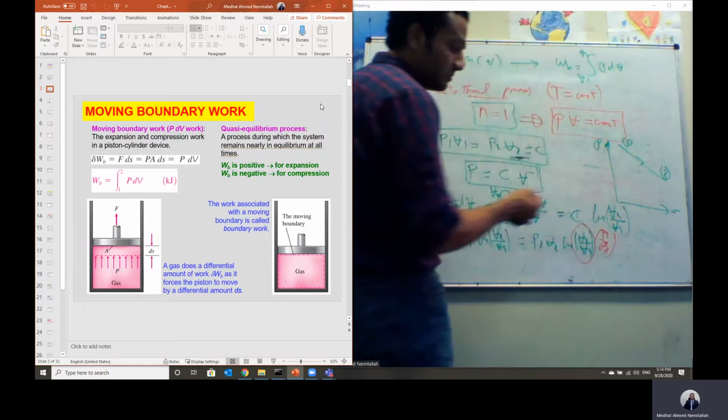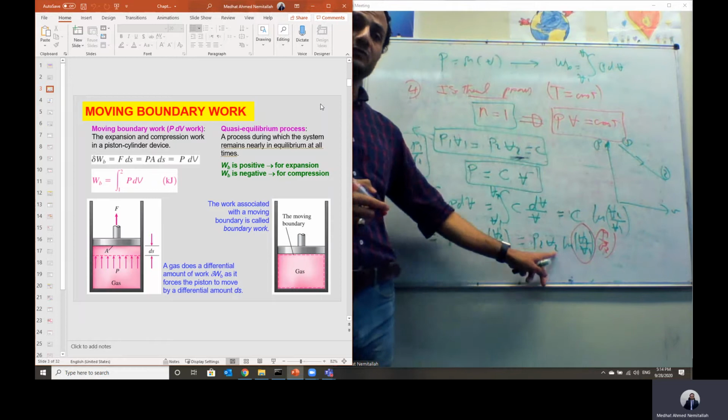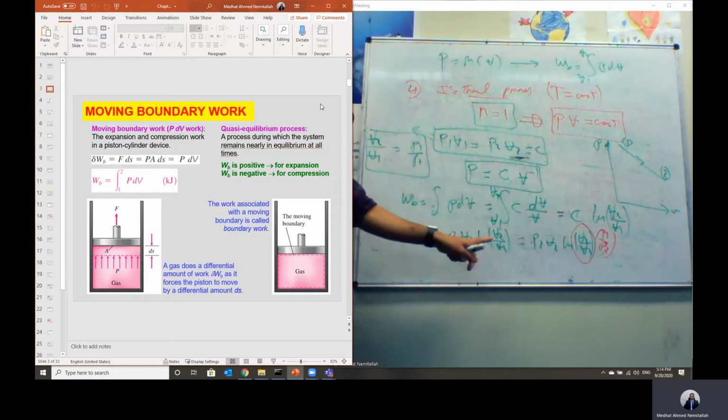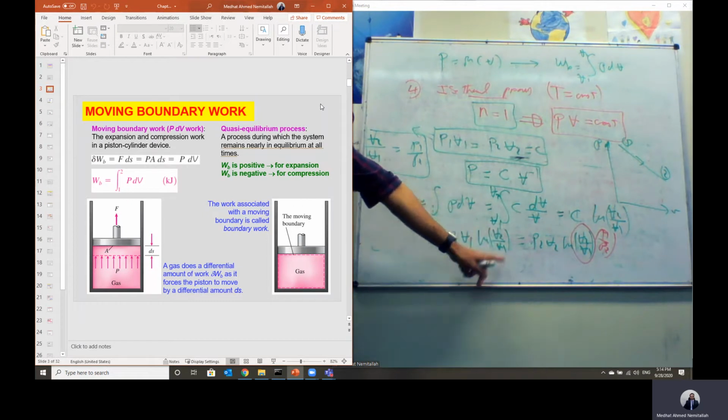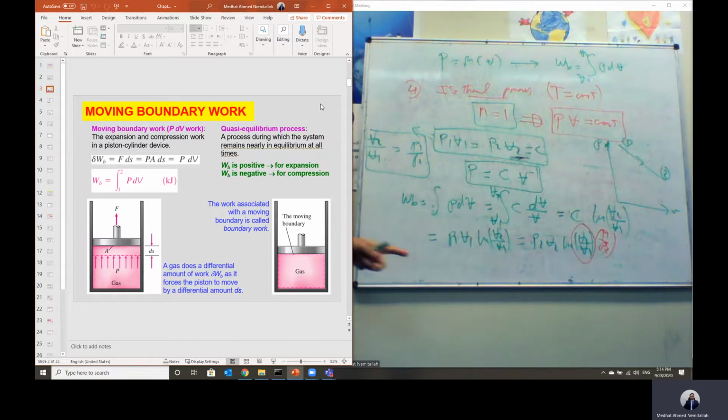So if the pressures P1 and P2 are given, then we can apply this relation, P2V2 or P1V1 ln P1 over P2. If the total volume is given, V2 and V1, or the specific volume, because the mass is constant, we just divide. Then in this case, if the specific volume or volume is given, we can use this relation, P1V1 ln V2 over V1.